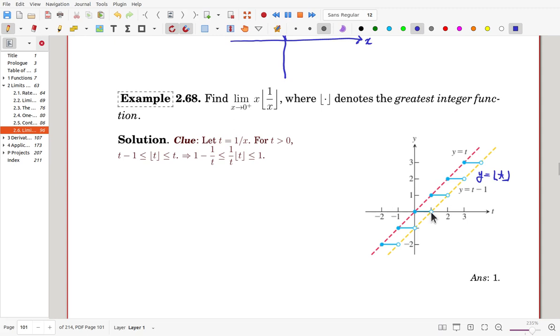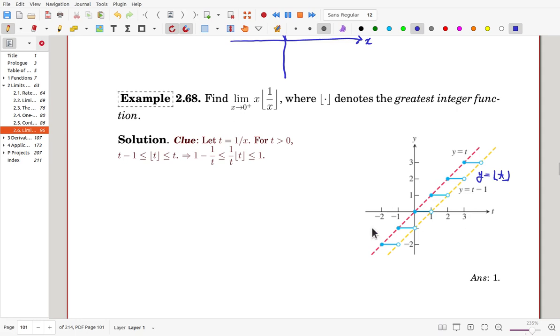And once t becomes 1, the greatest integer must be 1, so it has a jump. When t is between 1 and 2, the greatest integer is 1, so the function value is constantly 1. Once t becomes 2, the greatest integer must be 2, so it jumps up here.